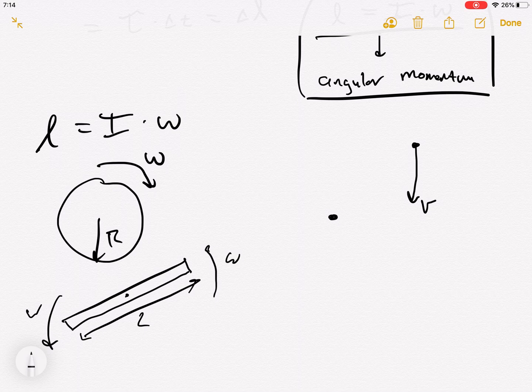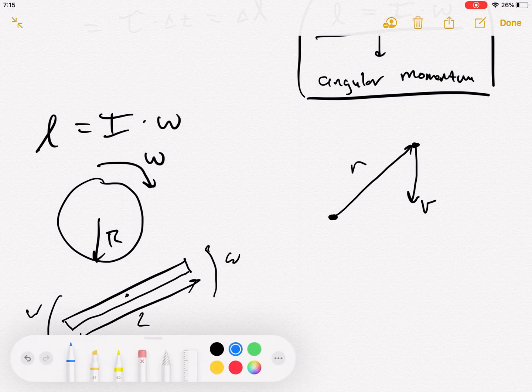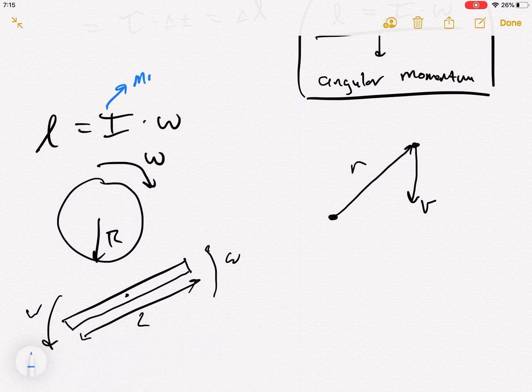Well, there's an r here. That's the distance from the axis of rotation to the object. And there's this velocity. For point masses, I know I is mr squared. And I can also say omega is related to v, so it's v over r.